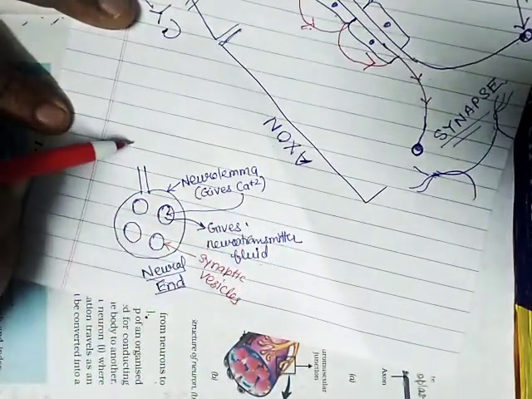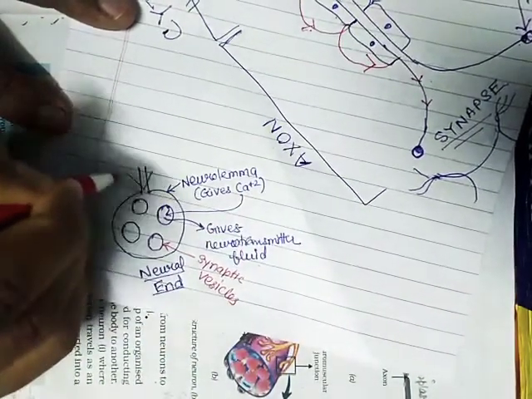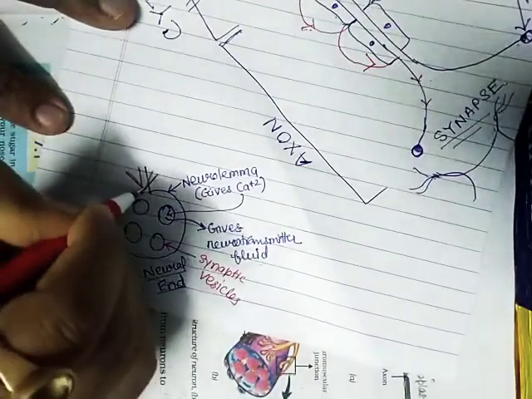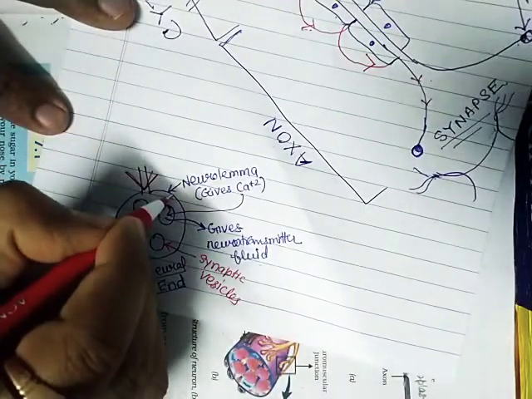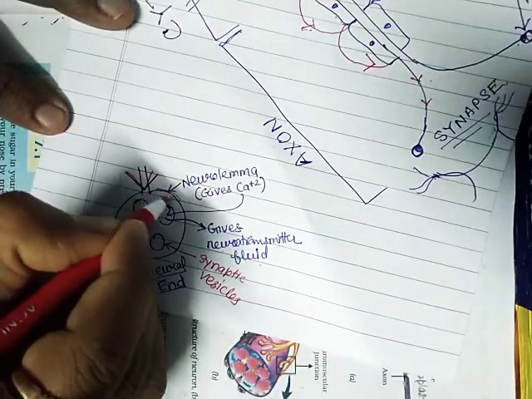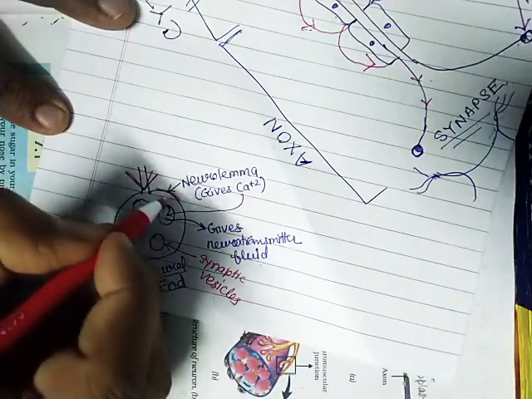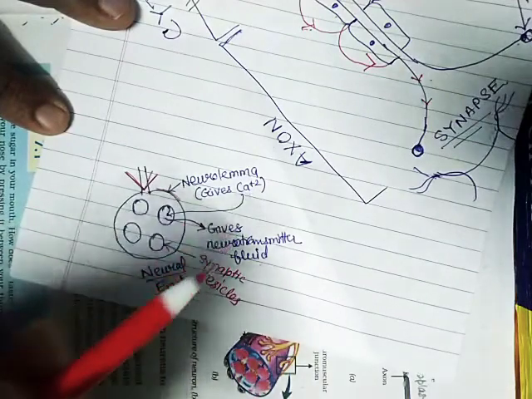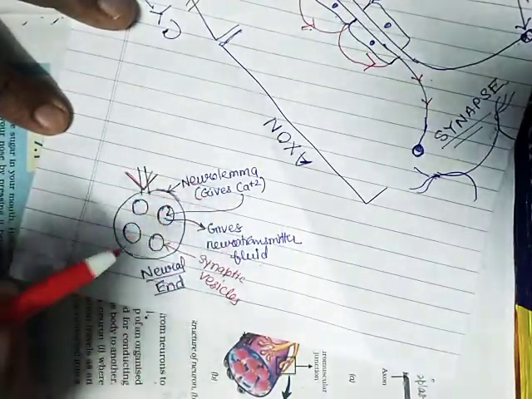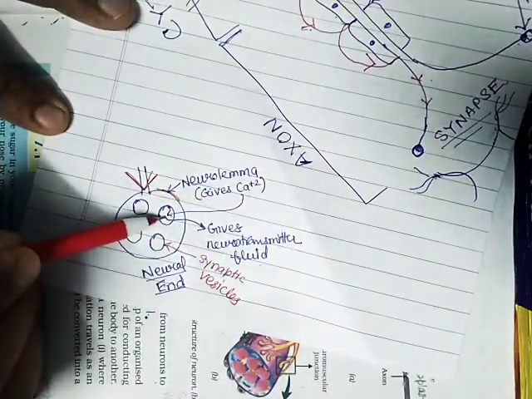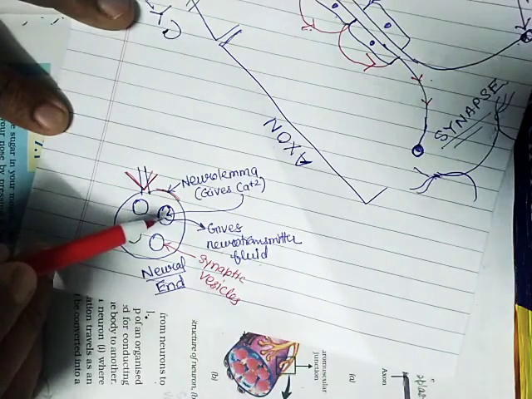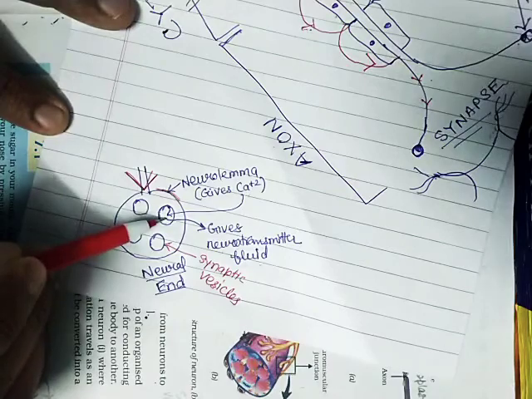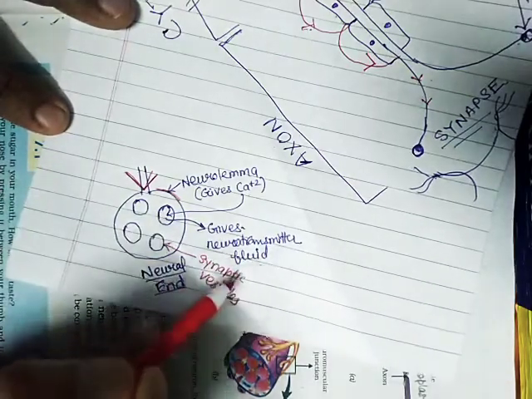As soon as the electrical impulse reaches the knob, it forces the neurolemma, which is the plasma membrane of the knob, to release calcium ions. These calcium ions, with the same intensity as the impulse, go inside the synaptic vesicles and pressurize them to release neurotransmitter fluid.